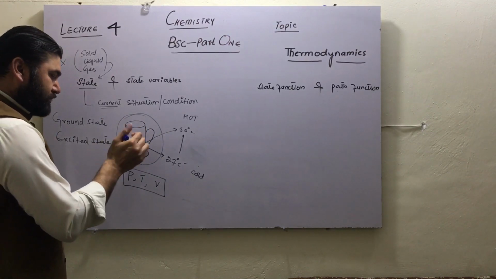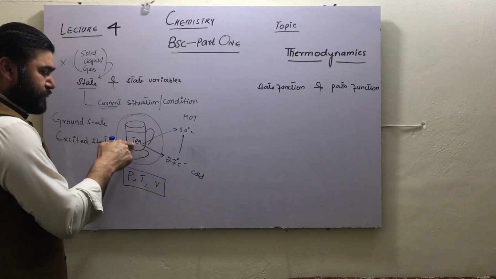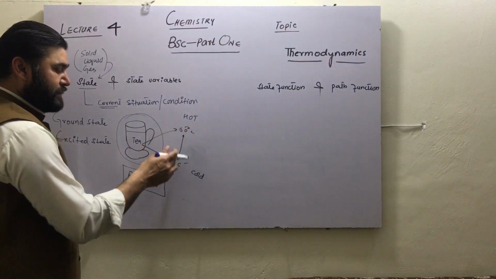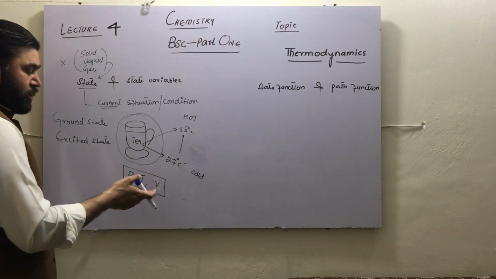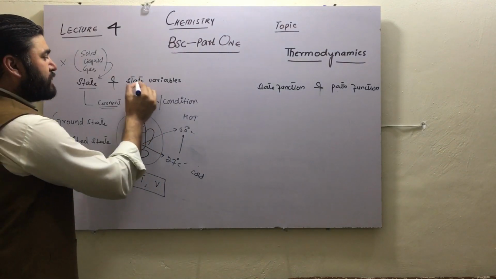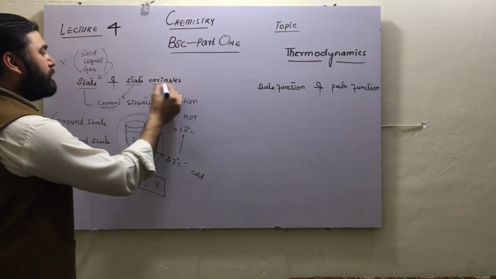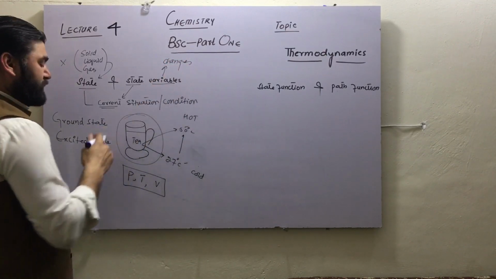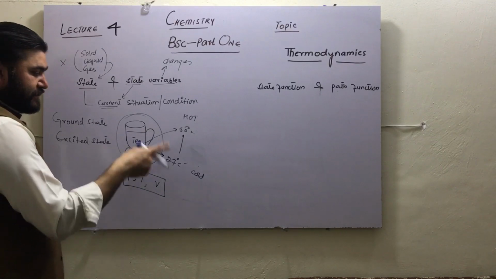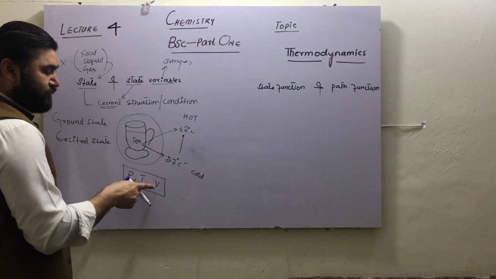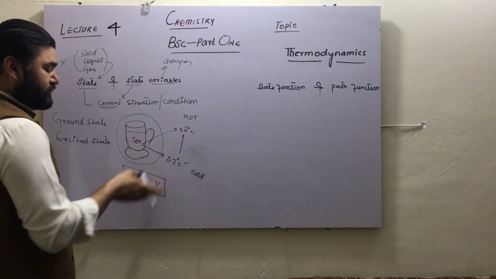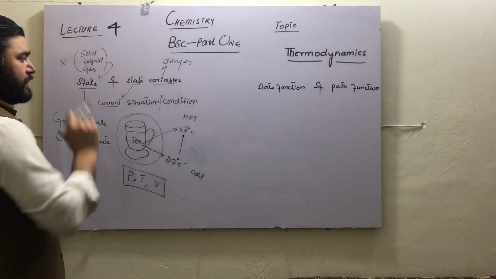Now the tea inside the cup is a system, and we want to change its temperature from 27 to 50 centigrade, so we are bringing some changes. Here state means current situation and variable means change, those things which bring about changes. So pressure, temperature and volume, by which we can change the temperature from 27 to 50, will be called state variables.